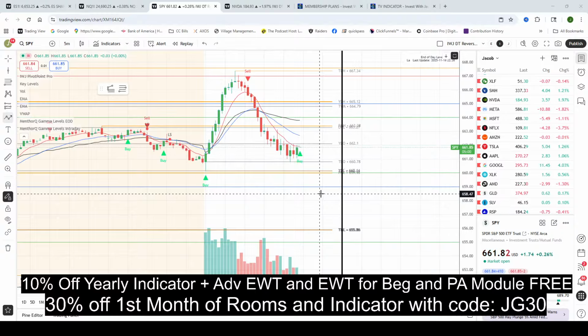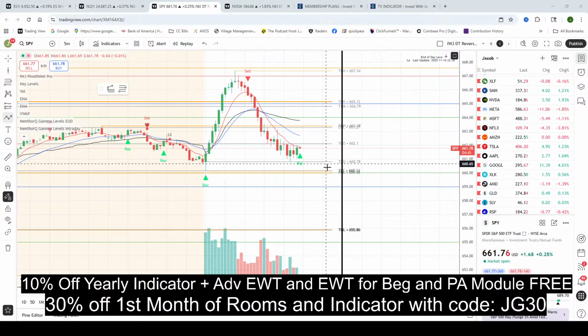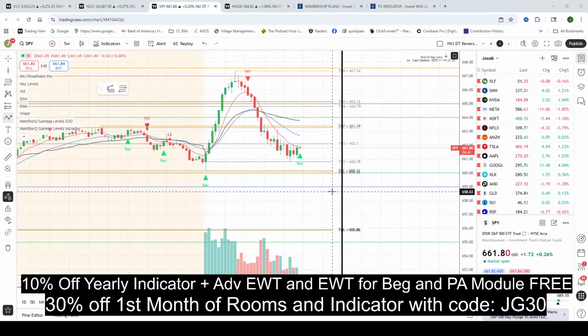Right now it's the 8. They got to get through the 8. If they get through the 8, then we will likely press up to that 21 there, about 662.70 or so. What's that at? Yeah, 662.68. And then we'll see what happens there.